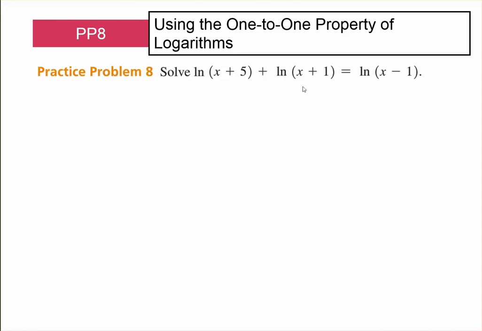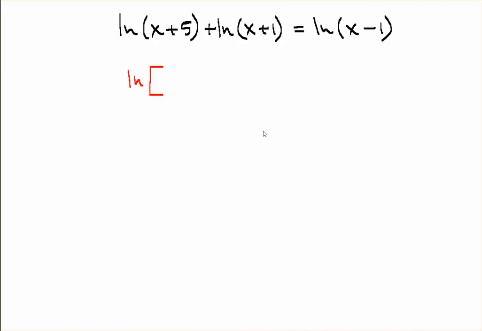Let's see, on the left-hand side, ln of x plus 5 plus ln of x plus 1. I'm going to write it as ln of (x plus 5) times (x plus 1). And if you can multiply that out real quick here, I'm going to FOIL that out.